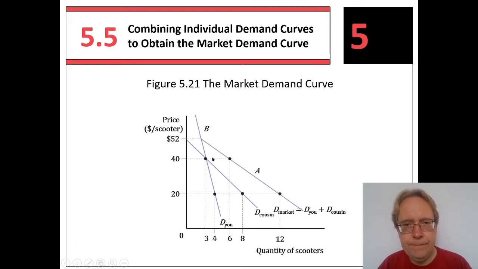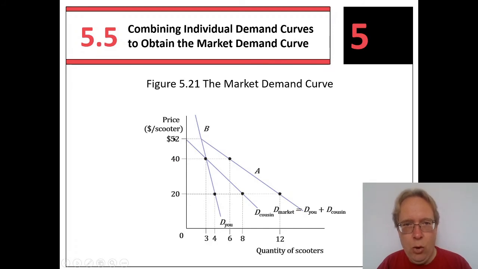However, a very important thing to keep in mind is that this market demand function will be kinked. Why? Well, suppose that we reach a price of 52, then your cousin's demand is 0, your demand is 3, so total demand will also be 3. However, at a price that is higher than 52, your cousin's demand is still 0, which means that market demand is simply coinciding with your demand, since you are the only one who actually has a positive demand.